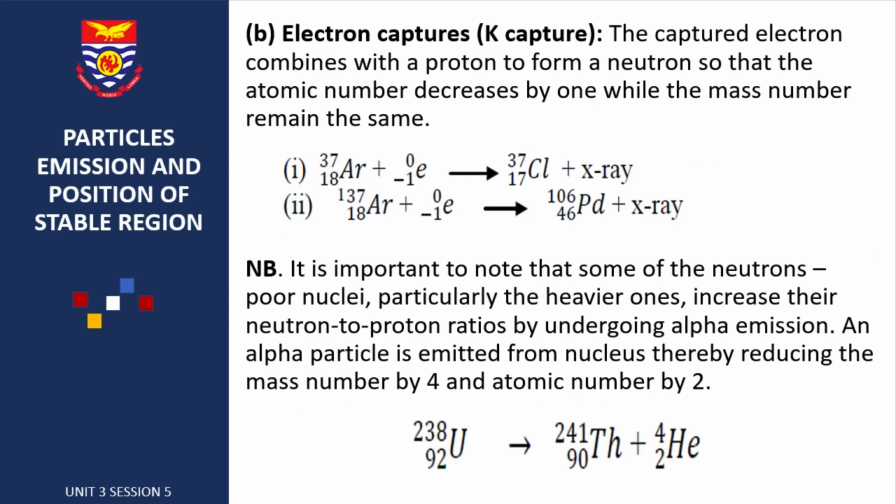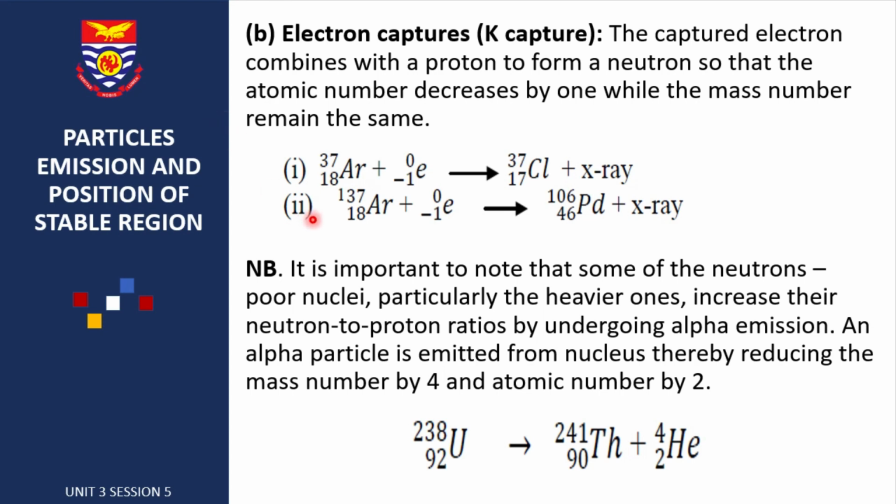Another form of nuclear reaction that nuclei undergo in order to climb up the stability belt is electron capture. In this, the nucleus captures an electron and the electron captured combines with a proton in the nucleus to form a neutron. When this neutron is formed, it reduces the atomic number by 1 and increases the neutron number by 1, while the mass number remains the same.